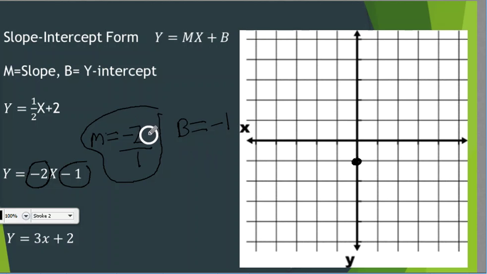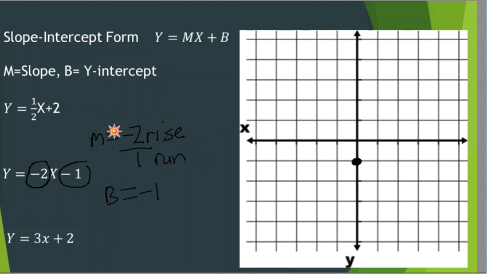So my rise is -2 and my run is 1. That means the change in my y-axis is going to be down 2. So after I know that this line crosses the y-axis at -1, I can plot another point on this line by using the slope.